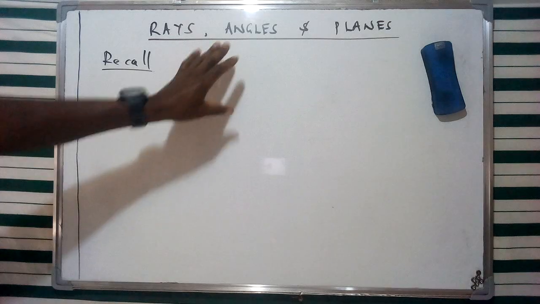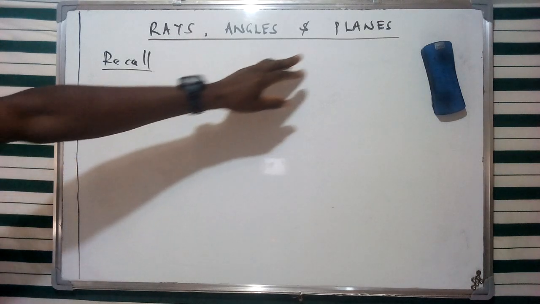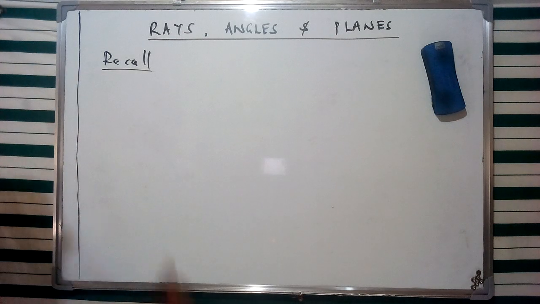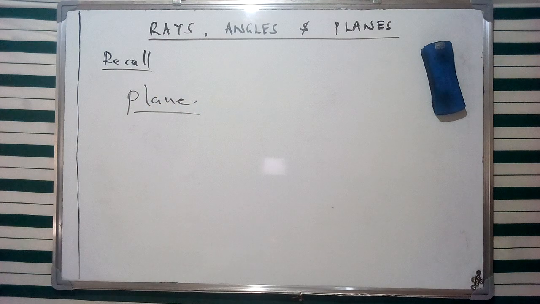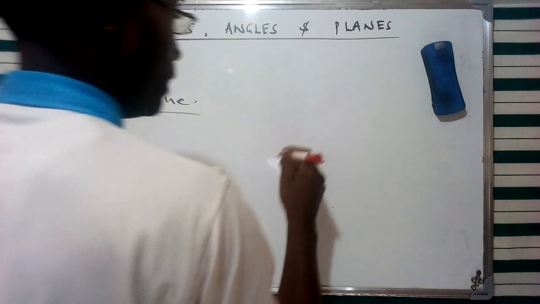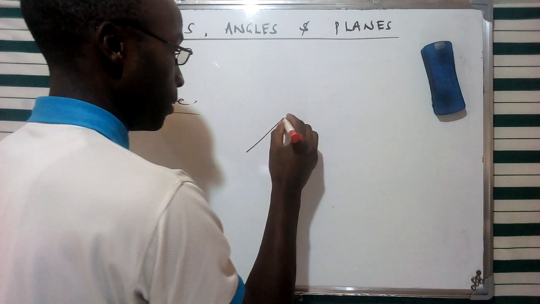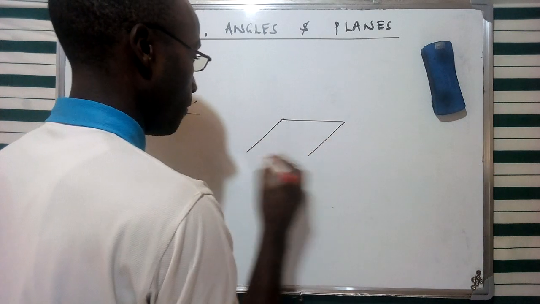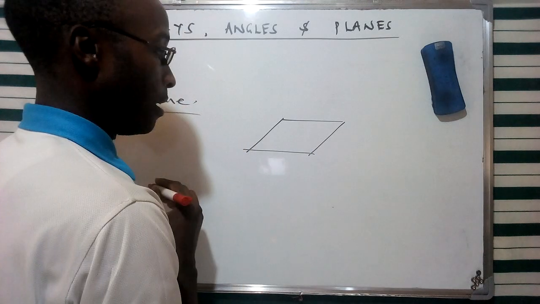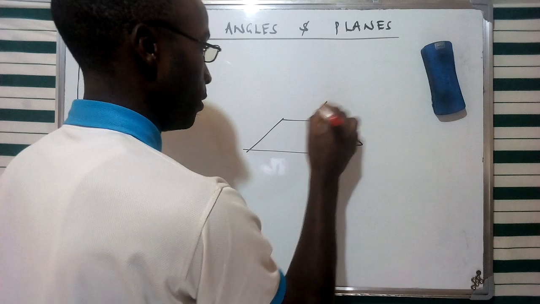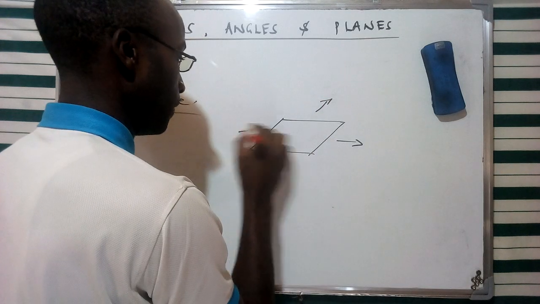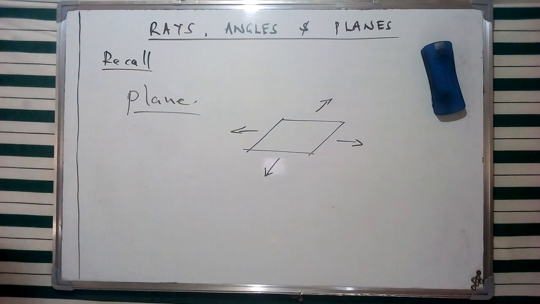From this aspect of angles, we're going to look at an aspect that we refer to as a plane. A plane is basically a flat region or a flat surface that extends infinitely in four directions. In our illustration, since we cannot illustrate an infinite extension of a surface in four directions, I can just give a portion of a plane using these specific notations that I've given on the board.